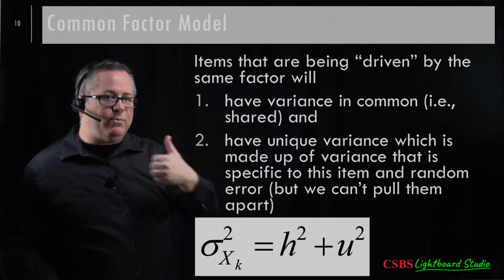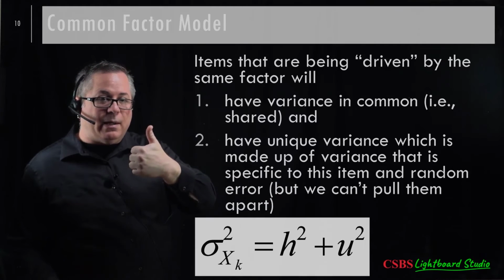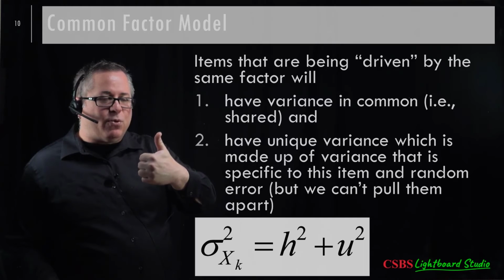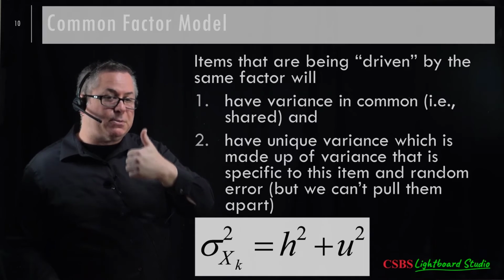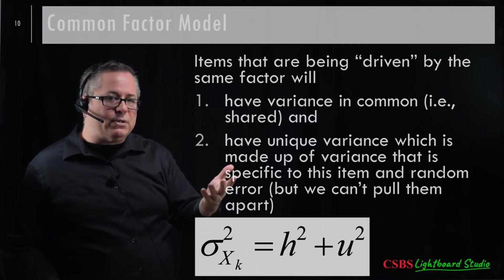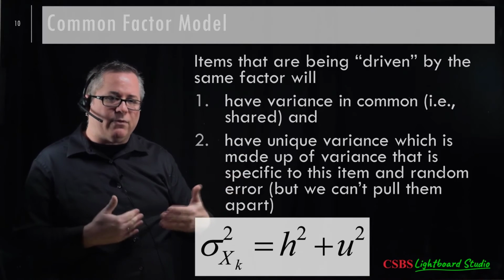There's also a part that's being driven by other things, like I'm fat and I went on a diet, right? Or, I don't know, it's vacation and I'm eating more than I usually do, right? There's other things that are driving changes in eating habits and weight loss that aren't depression. So that's something that's specific to that item. It's not related to depression. And then there's also noise, because every item that we measure has some kind of error variability to it.